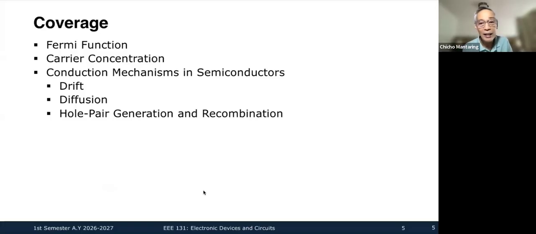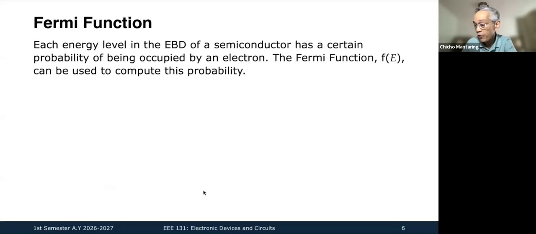The concept is a little bit theoretical, but I'm going to try to put it in very simple terms. Then we're going to take a look at carrier concentrations, and finally conduction mechanisms. That is what is going to be covered by these next 2 lectures. So let me start with the Fermi function.